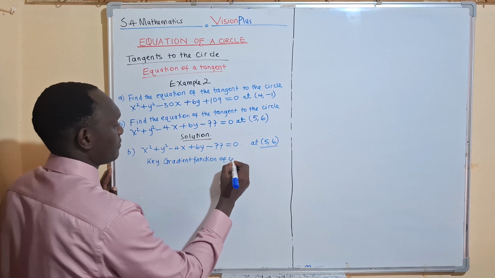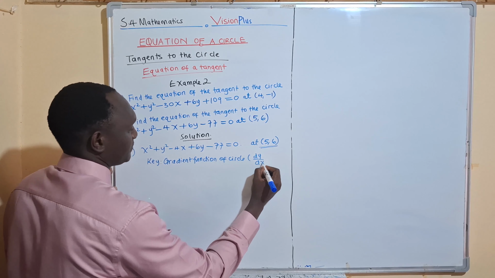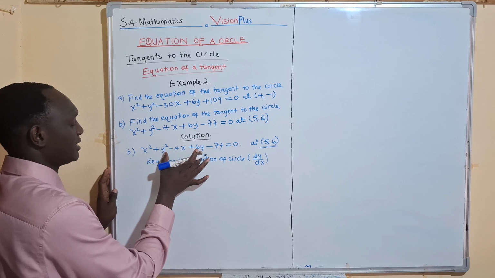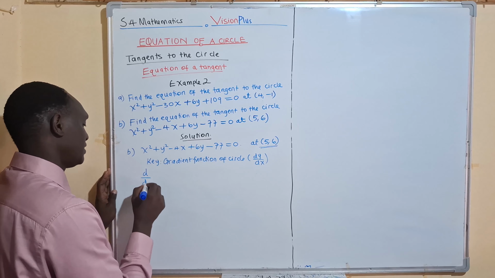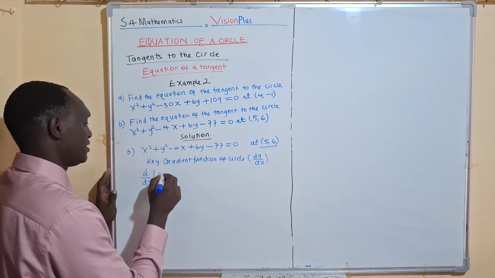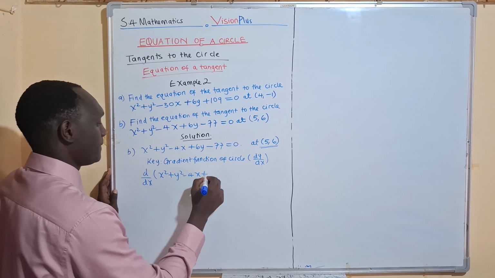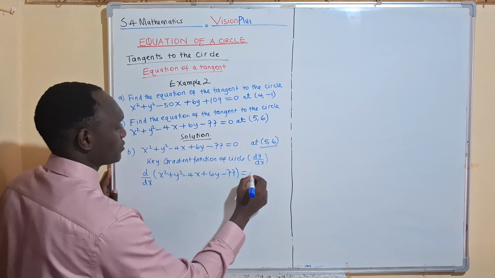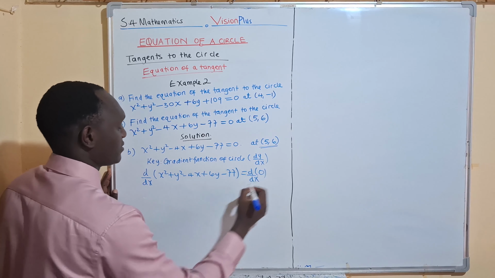which is dy/dx. That means we are going to differentiate the circle with respect to x. We shall have d/dx of the circle x squared plus y squared minus 4x plus 6y minus 77 equals, we also differentiate the right hand side with respect to x, 0.